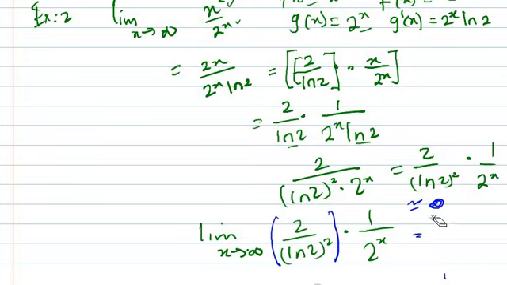So if 1 over 2 power infinity is equal to 0, then 0 times this is going to be equal to 0.